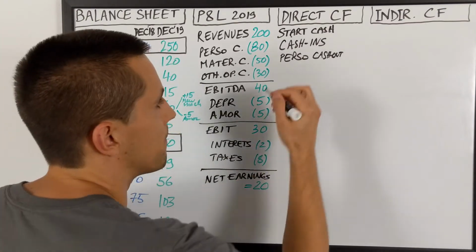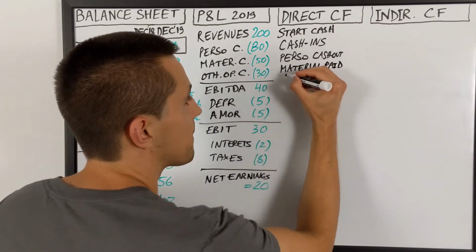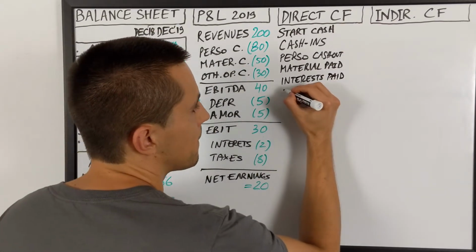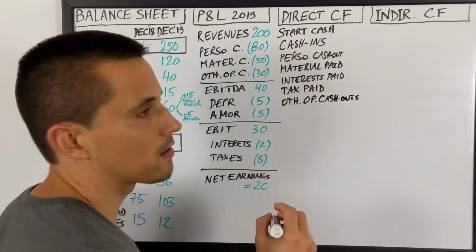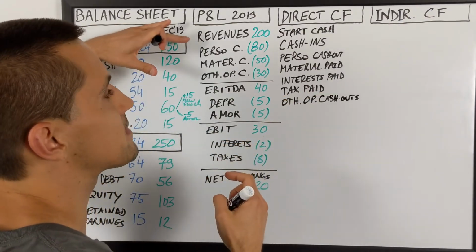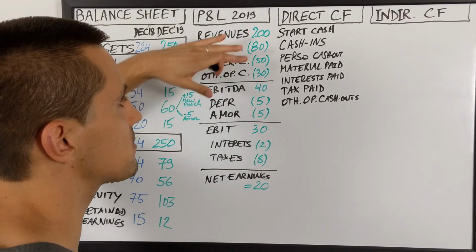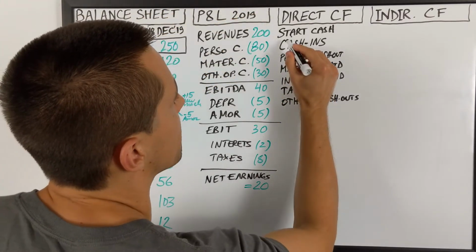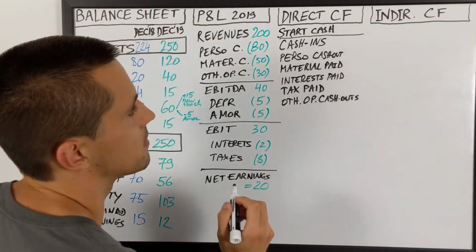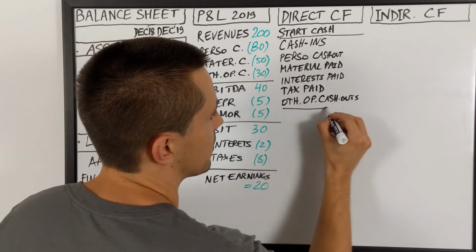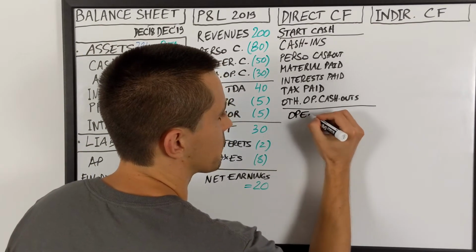Afterwards we have material paid, then interest paid, taxes paid, and other operating cash outs. And all this, same logic as in the P&L where you have revenues minus a lot of operating costs. Here you have cash ins and then a lot of operating cash outs, which are going to lead to an operating cash flow.